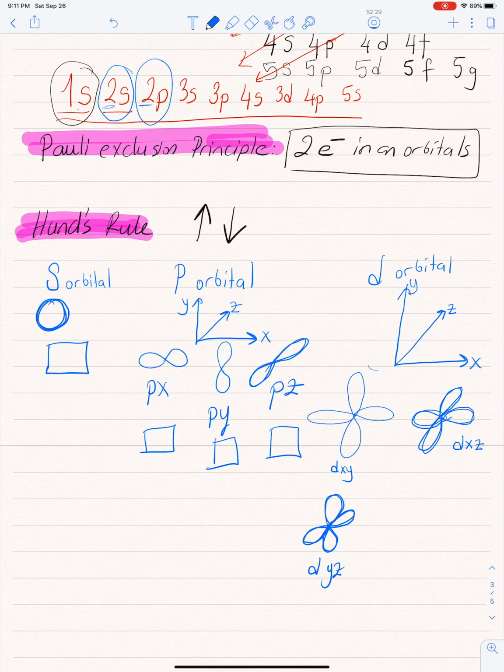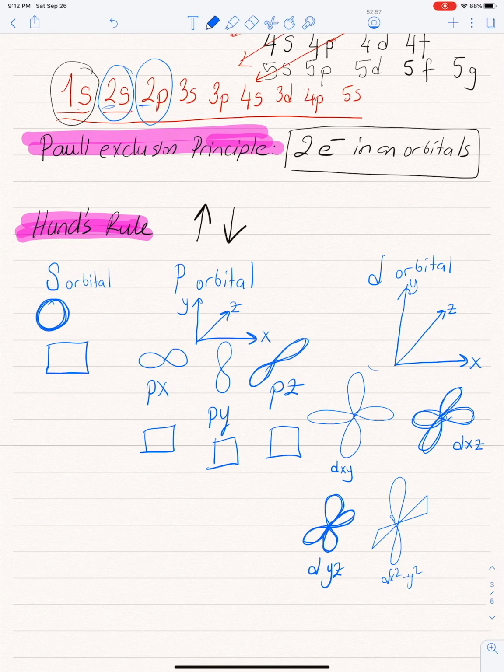What else can it go? It can go in between, like between x and between y and z. Between y and z. So this is called the dx squared minus y squared orbital.